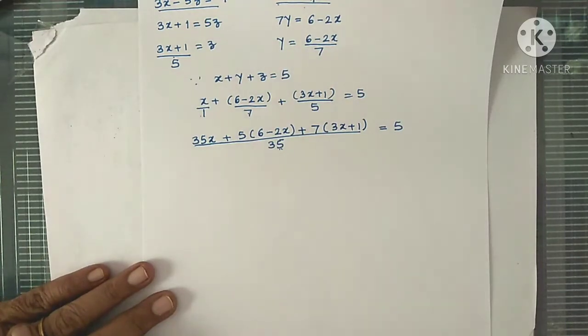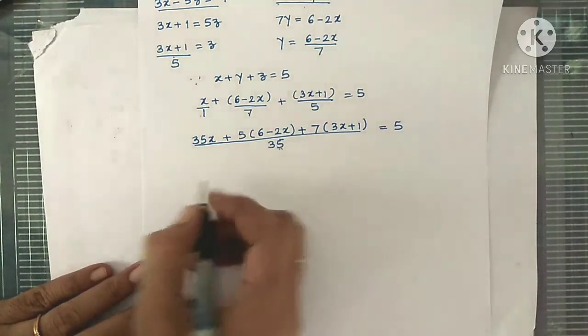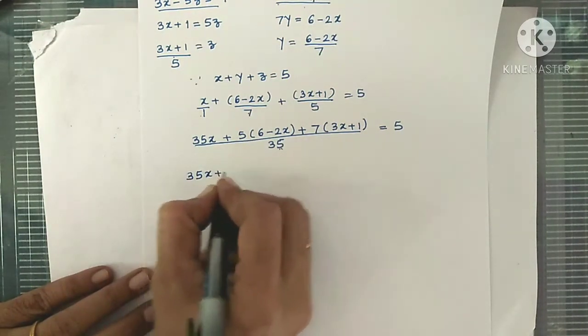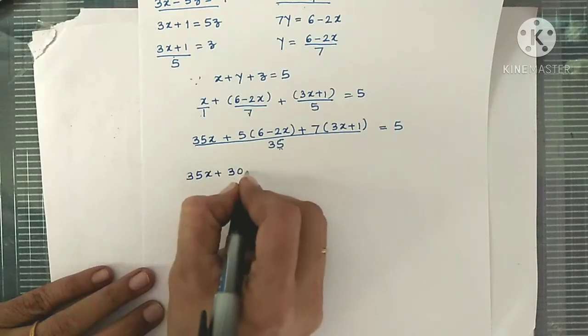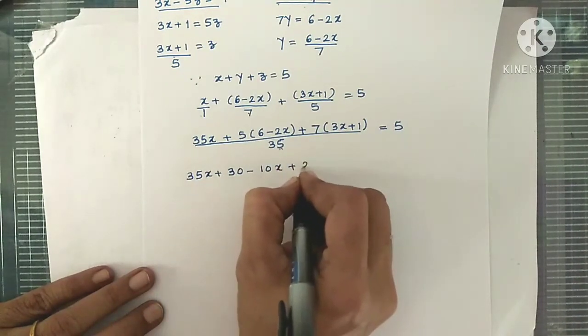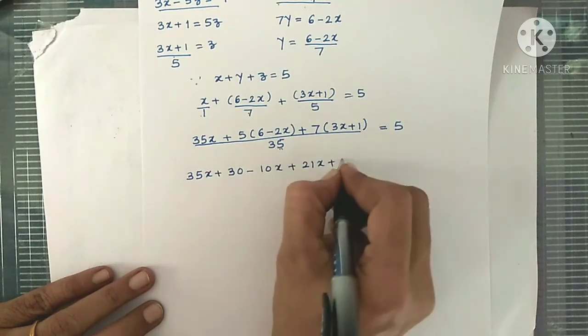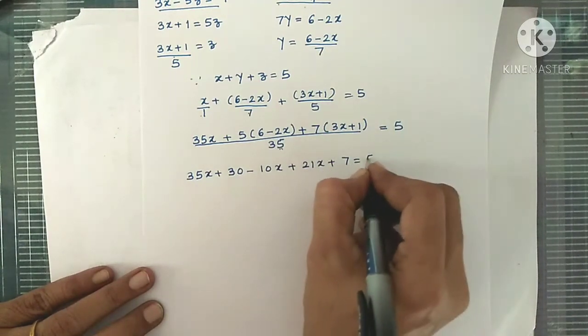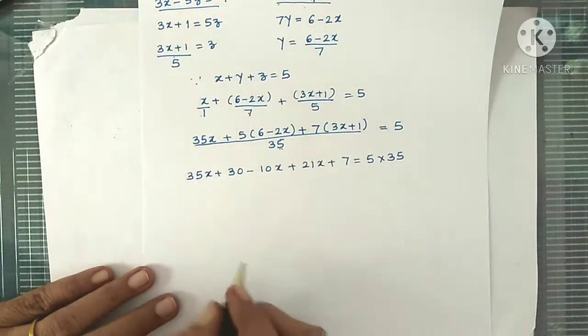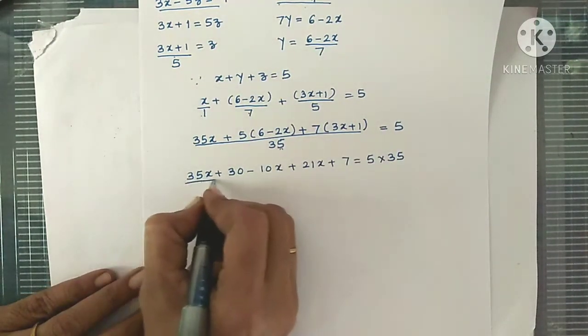Now let's write the product here. So it is 35x plus 30 minus 10x plus 21x plus 7 equal to 5 into 35. Now let's collect the terms in x.